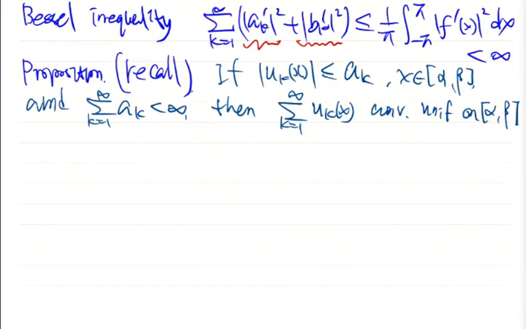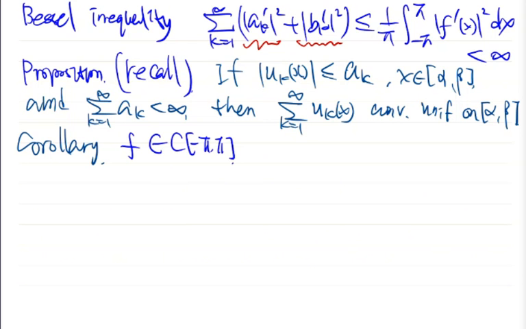As a corollary of our theorem. Suppose f is continuous in the interval [-pi, pi] and f(-pi) equals f(pi).